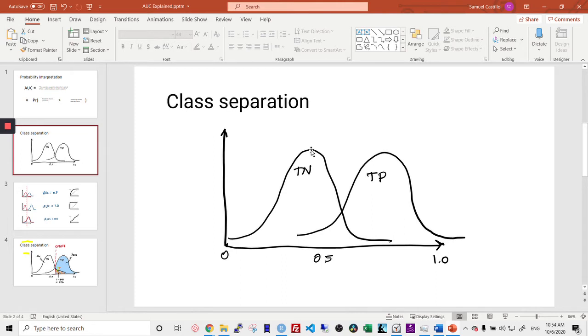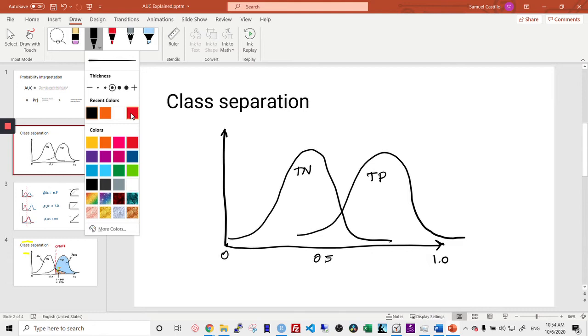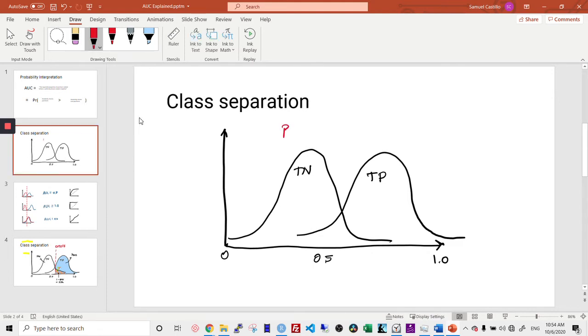So on the left here you see these are purchasers, and these on the right are non-purchasers.